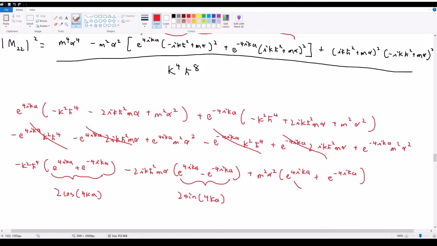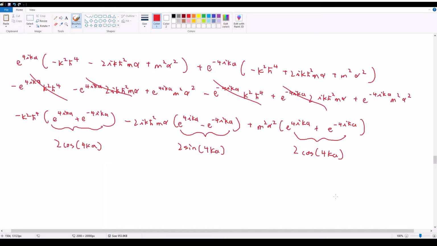And then finally, this term is equal to 2 times cosine of 4ka. So what we actually have is 2 cosine 4ka times m squared alpha squared minus k squared h bar fourth, subtracted by 4ikh bar squared m alpha sine of 4ka.